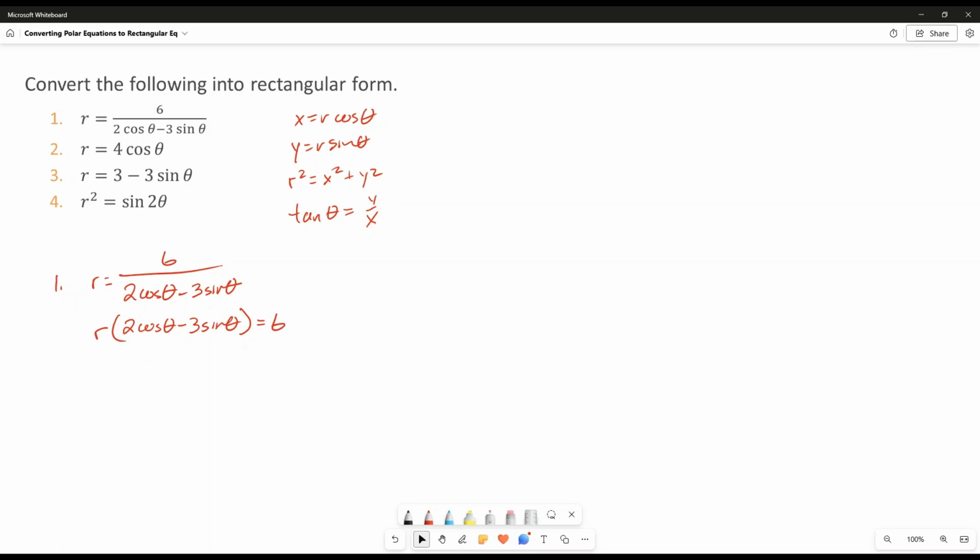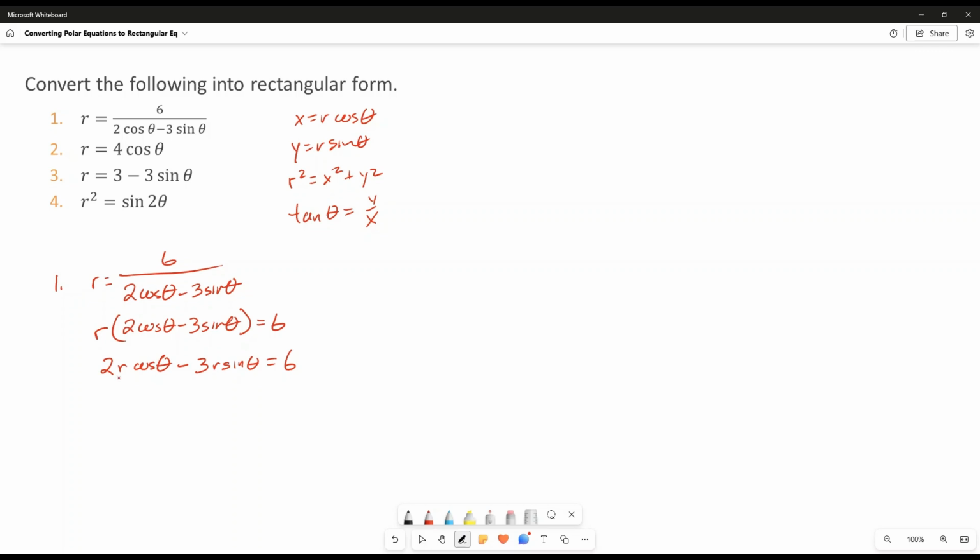So I could instead write that as 2r cosine of theta. I'm just putting the r with the cosine. And we could do the same thing with the 3 sine. So r times 3 sine of theta, I could write as 3r sine of theta, and that's equal to 6. So we have 2r cosine theta minus 3r sine theta is equal to 6.